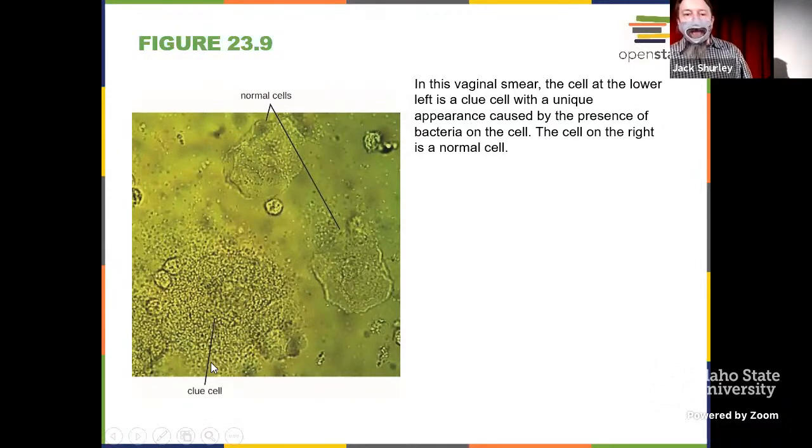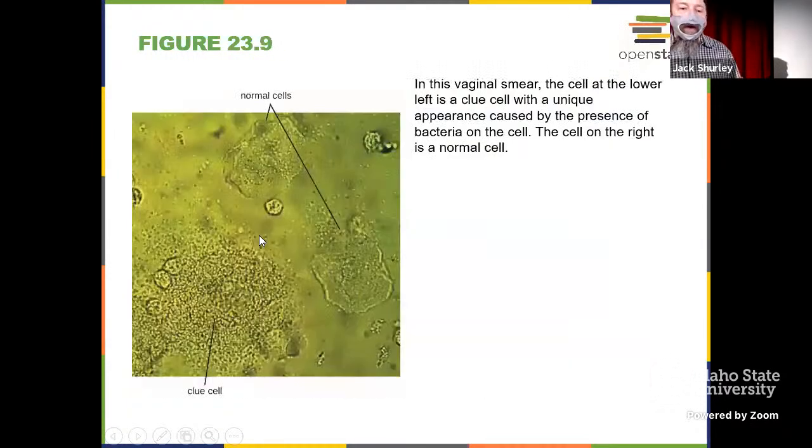And then down here, we call these clue cells, right? It's this cell, but all of the granular stuff you see on it is basically the cell covered with bacteria. So it's a clue cell because it's kind of like a red flag, and it's like, I think we've got something going on, all right?